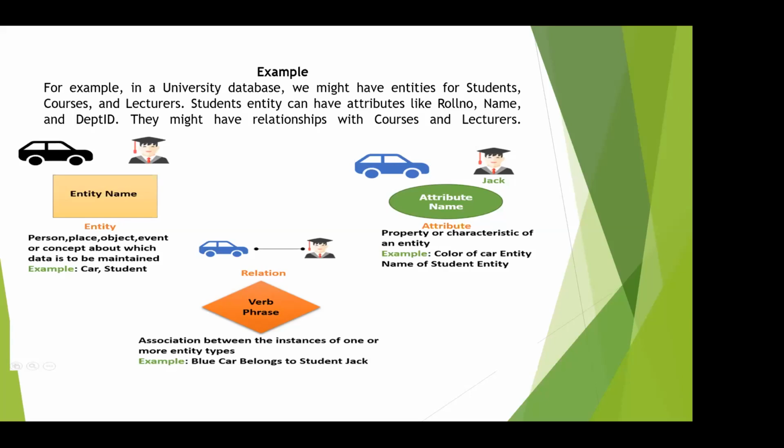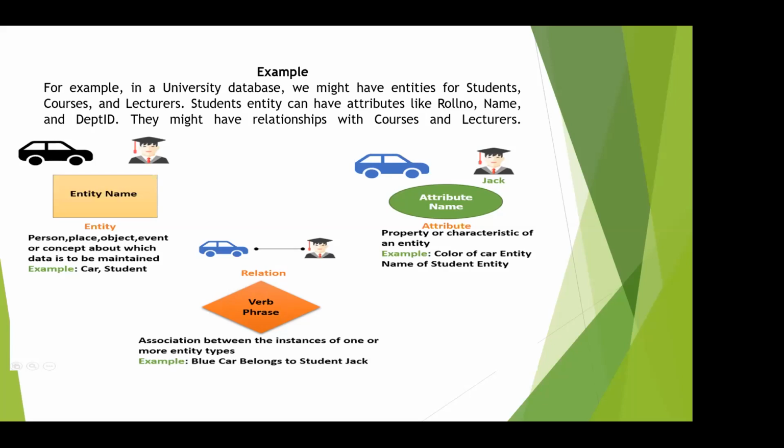In the student table we have the fields or attributes: student number, student name, course, and date of joining. These four are the attributes of a student. That means these four describe the properties or characteristics of a student. So the characteristics of a student, we can call them attributes.